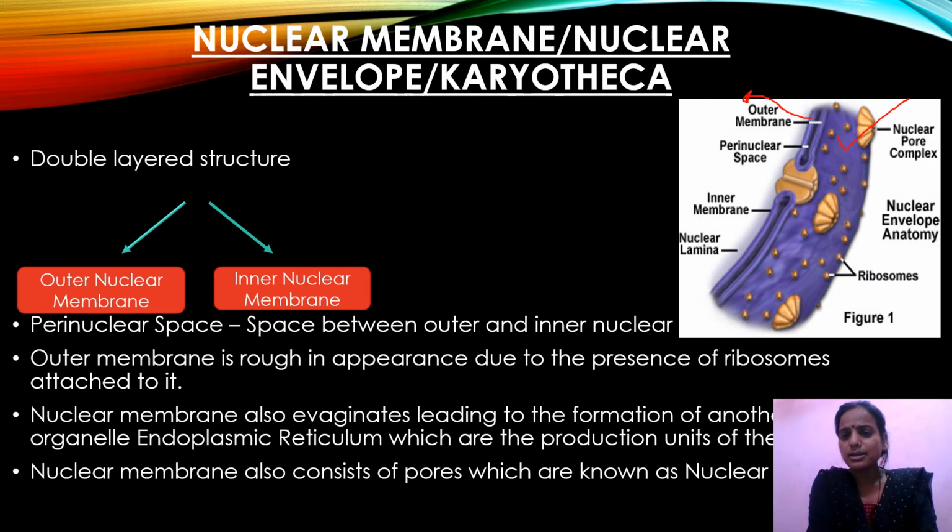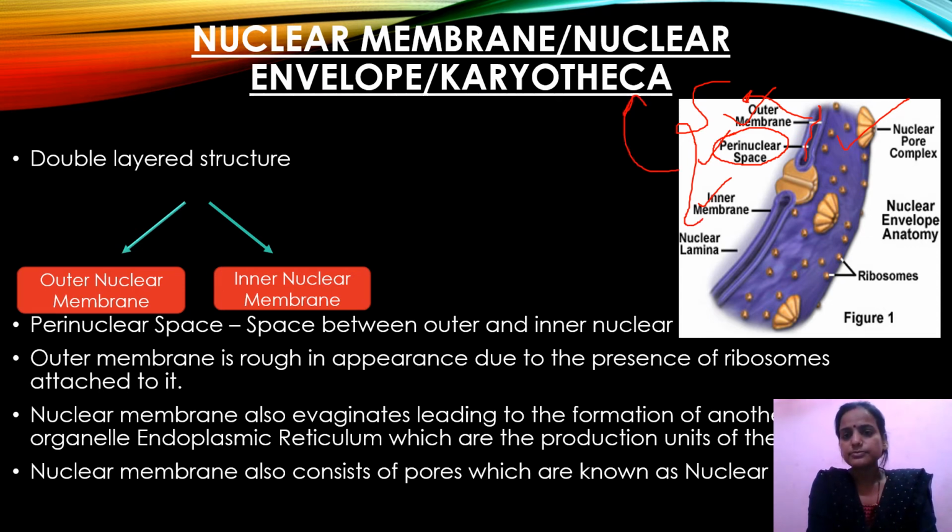Between these two you can see there is a small space, and this space is known as perinuclear space. These three together, the outer membrane, the perinuclear space and the inner membrane, compose the nuclear envelope or the karyotheca.